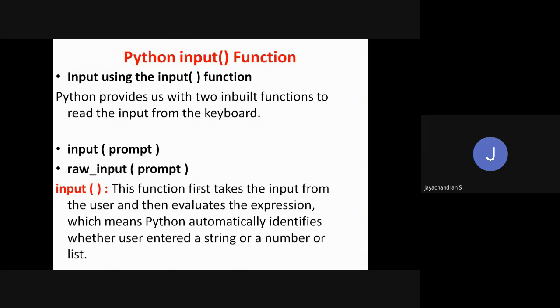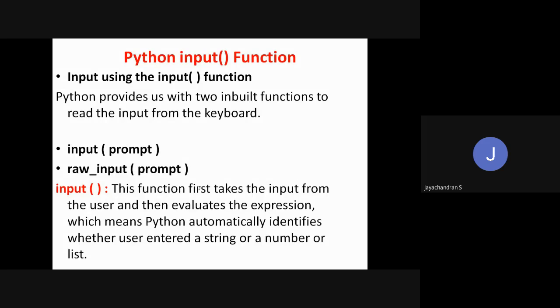Python provides two inbuilt functions to read input from the keyboard: the input function and raw_input. The input function is used in the latest versions, Python 3, like 3.5 and 3.8. After Python 3 they use input.